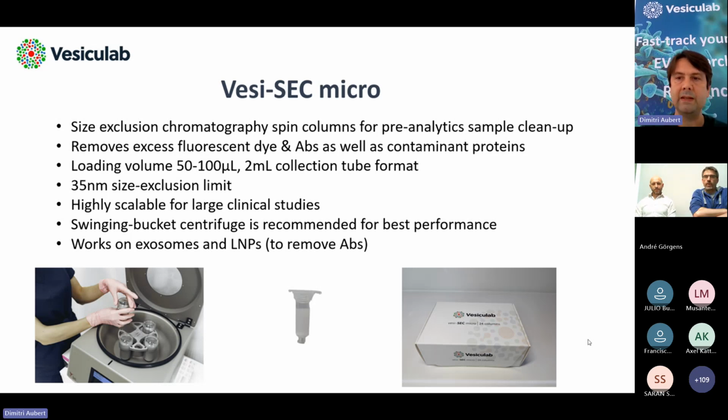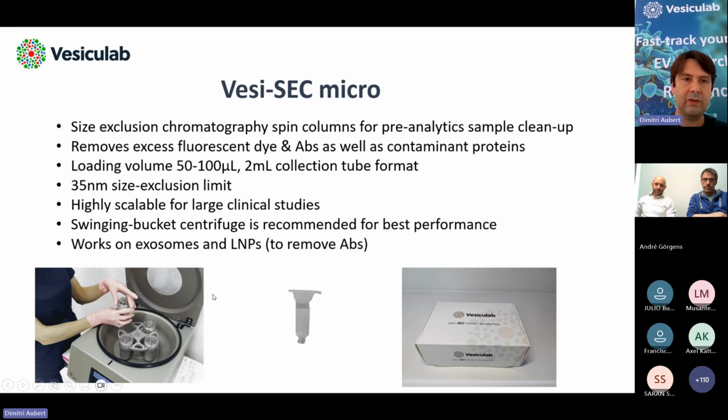All these unbound materials create background noise that reduces the sensitivity of the measurement. One way to increase that sensitivity is to quickly remove these unbound molecules.